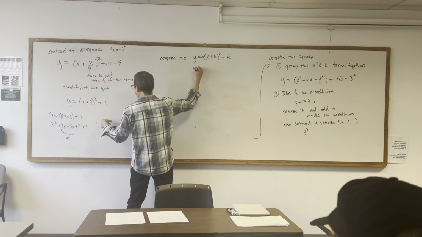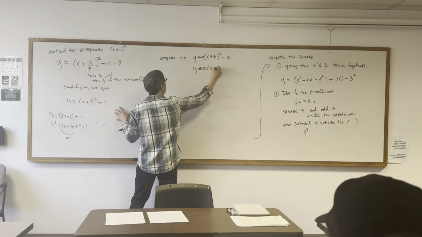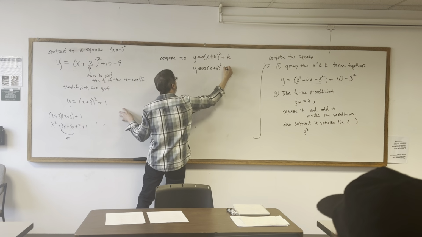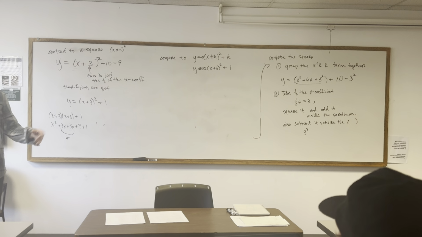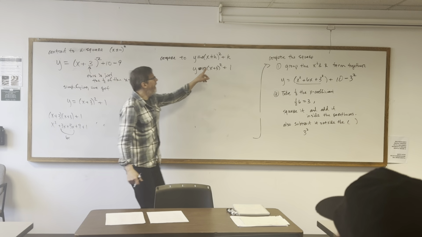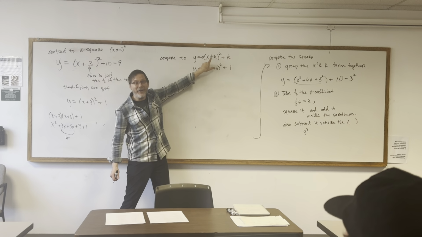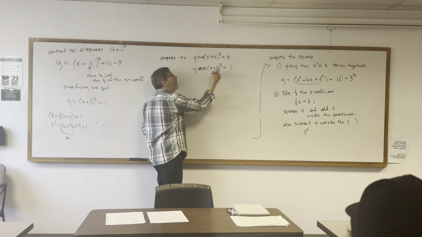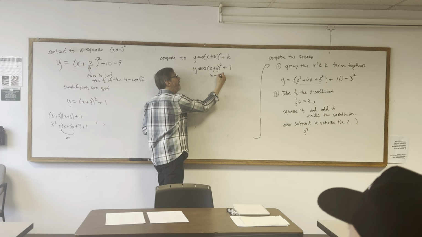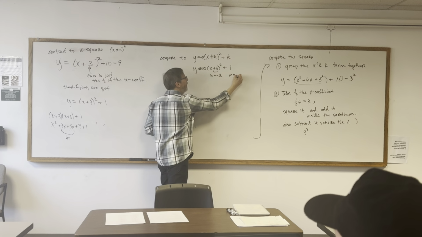I'm just going to write it underneath: y equals a times x plus 3 squared plus 1. So what is my h? It's x plus 3 squared, so notice we have a negative 3. The thing that you're subtracting off here is negative 3. It's always going to be the opposite of this. So here h equals negative 3. And that's the only subtlety. And then k is 1.